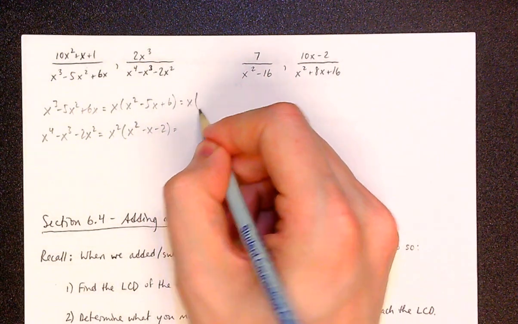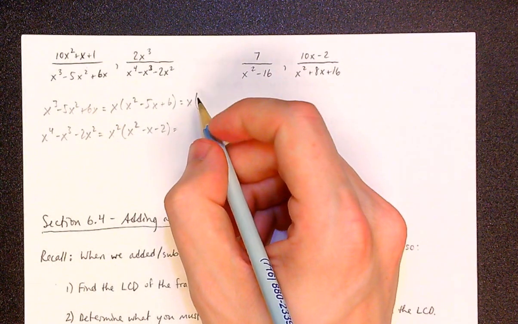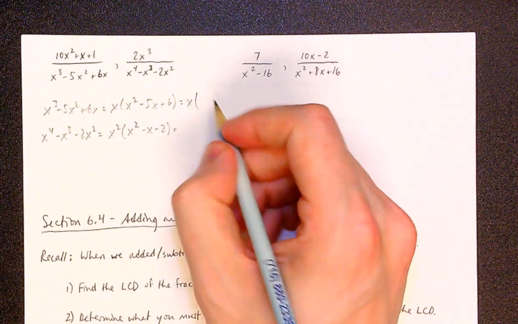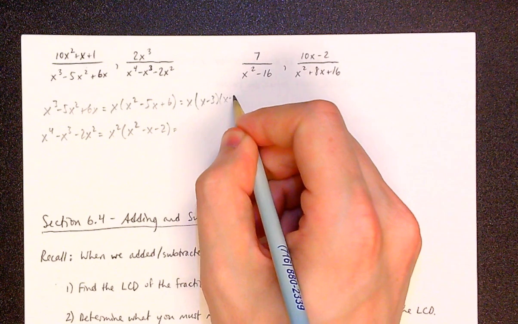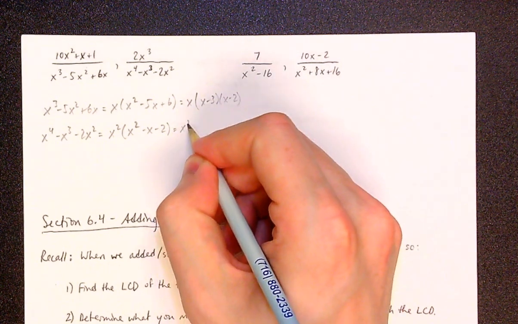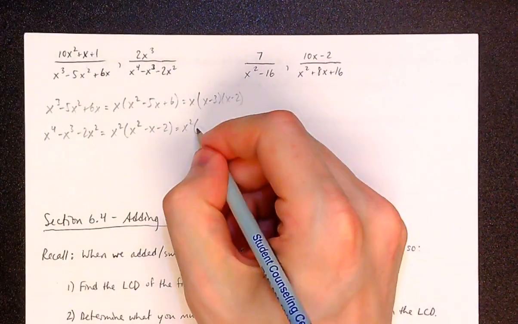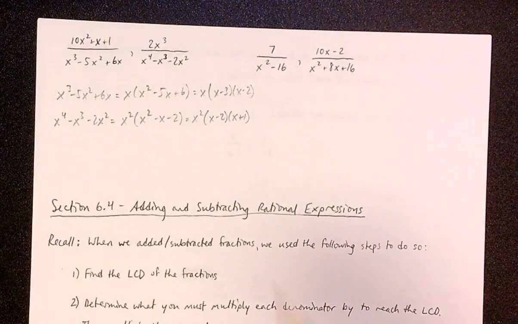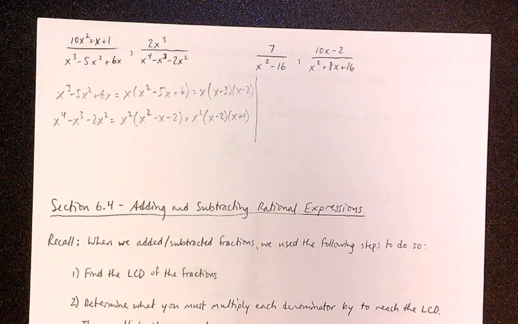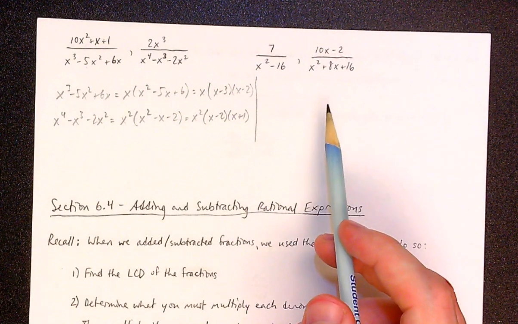And now if we factor these trinomials here, x squared minus 5x plus 6, using our basic techniques of factoring, x minus 3 and x minus 2. This guy here, x squared minus x minus 2, x minus 2, and x plus 1. So from there, I will let you figure out what the LCD is on your own for that one, and then you can try this one on your own as well.